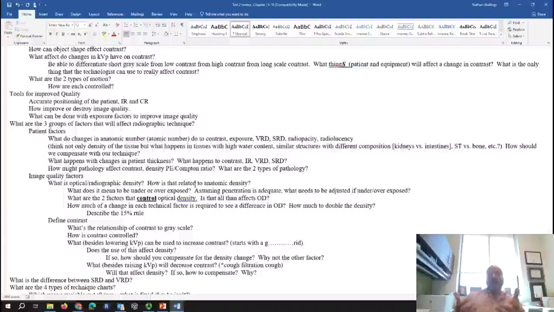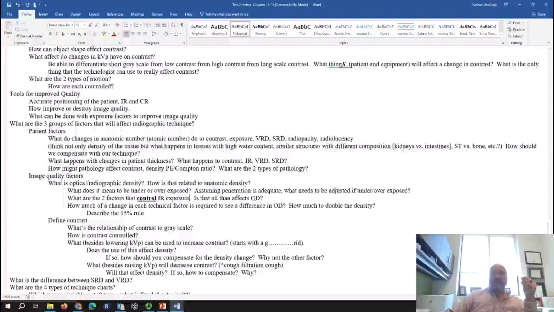If we are overexposed, that means we use too much technique of some sort. So if penetration is adequate, and we adjust our mass. The two factors that we use to control our exposure are MA and time.